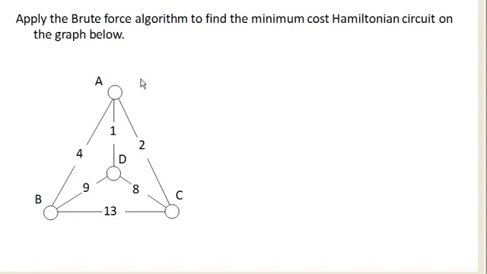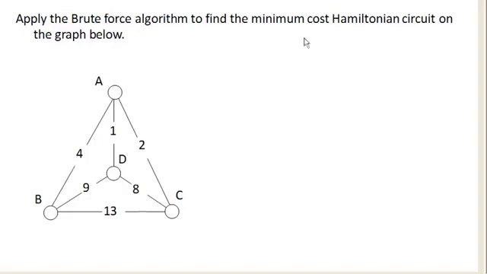So when we have a graph with weights on the edges, so here we have weights, so to travel from A to D has a cost of 1. This might be $1, it might be 1 mile. Somehow this is representing the cost or expense of traveling from vertex A to vertex D. So in this case, there are a lot of different Hamiltonian circuits on this graph.